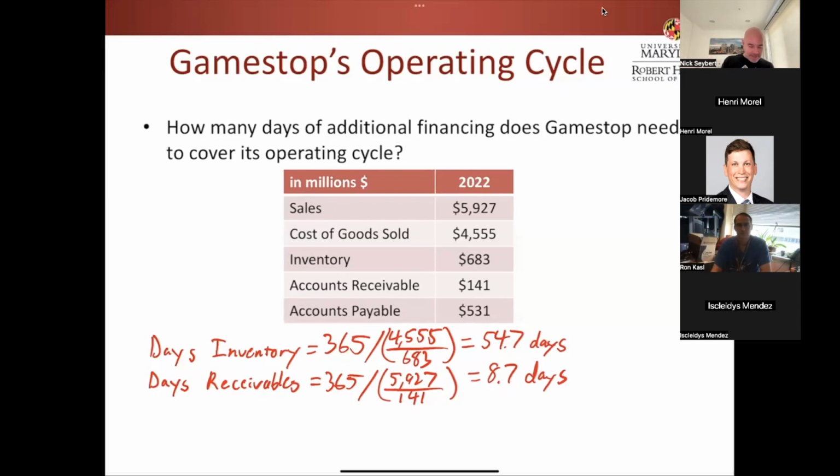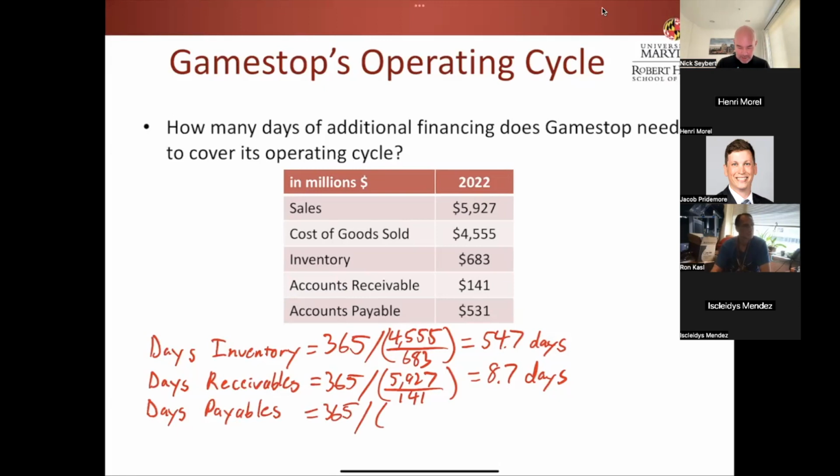All right, then we have the days payable. The days in payables is 365 divided by, again, cost of goods sold in the numerator, because this is what we owe suppliers. And we owe suppliers for the cost of the inventory.